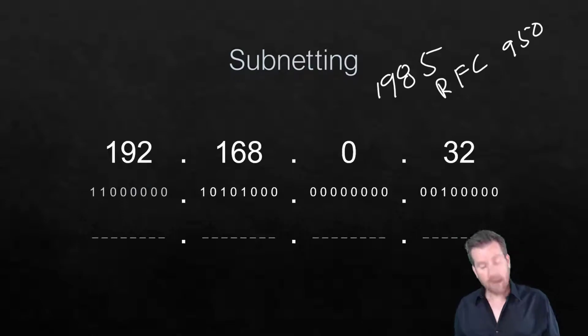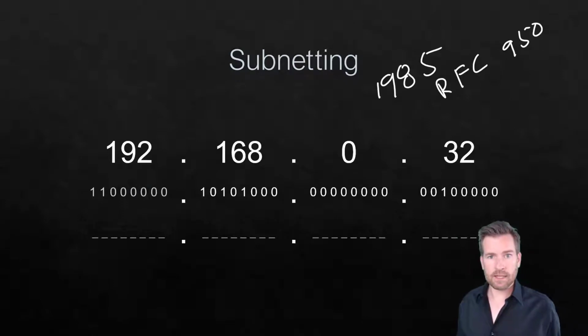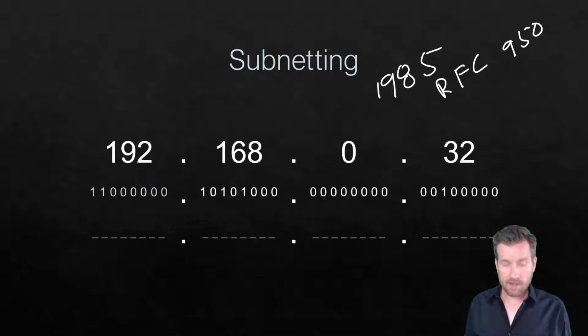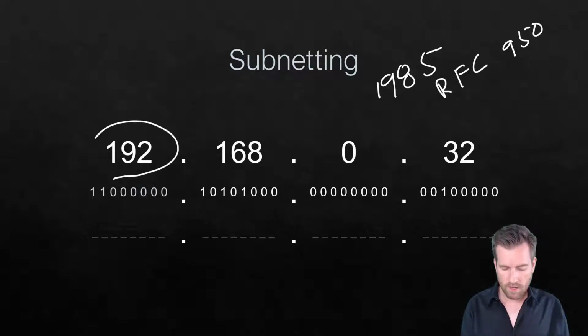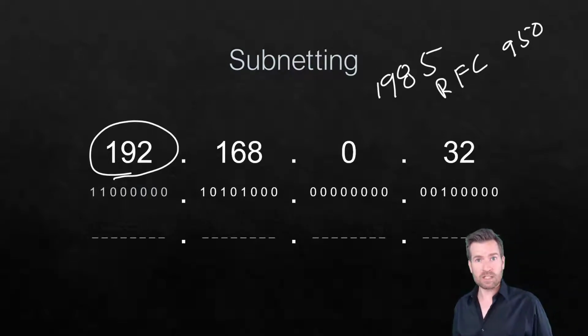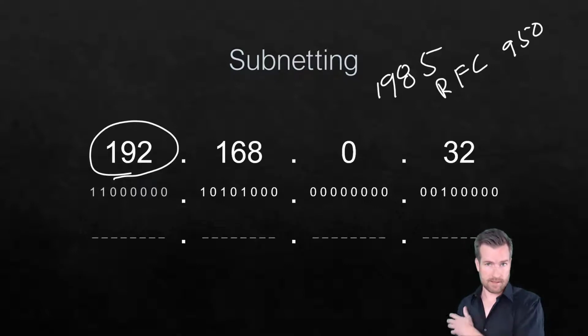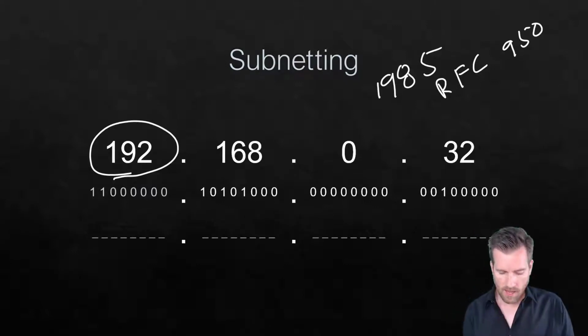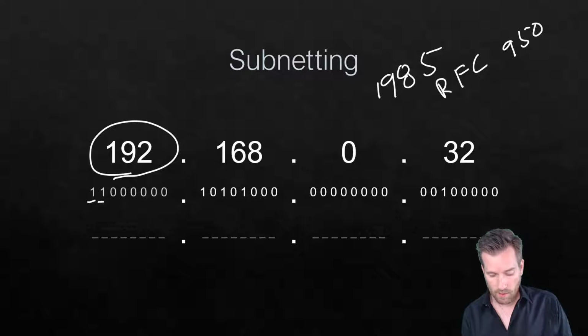Now, here I've got an example of a Class C address, and I know that it's Class C because, number one, the 192 falls into the range that is the Class C addresses. I also know because it starts with a 110.